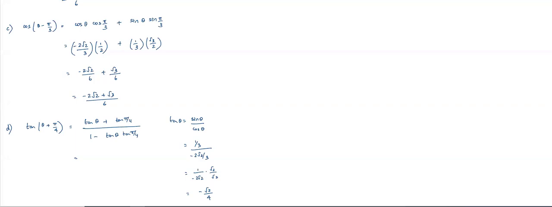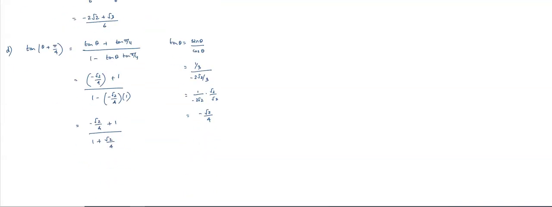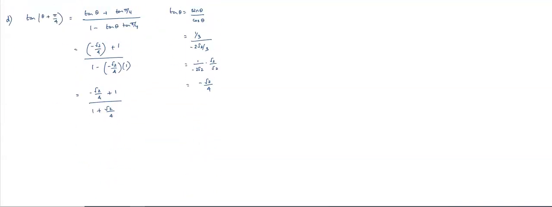So I have negative root 2 over 4 plus 1 over 1 minus negative root 2 over 4 times 1. So this can be written as negative root 2 over 4 plus 1 over 1 plus root 2 over 4, because I just multiplied these two terms.